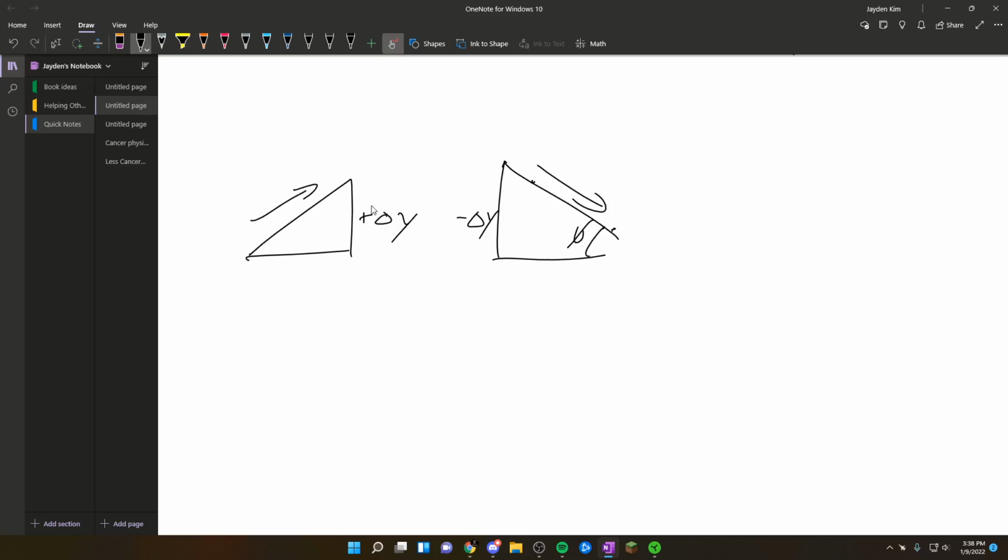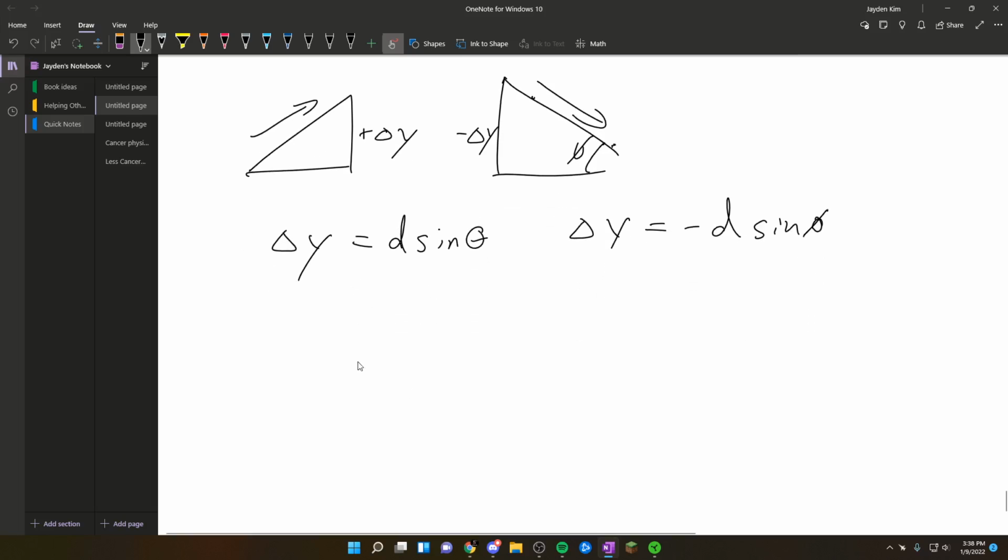This one's going up the ramp. So that means we want to find delta y, that's gonna be d sine theta, and this one's gonna be negative d sine theta 2.